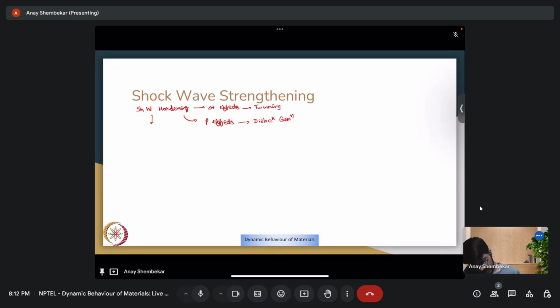Shock wave hardening reaches a saturation level, and decreases for further increase in pressure. This is due to shock-induced recovery and recrystallization.